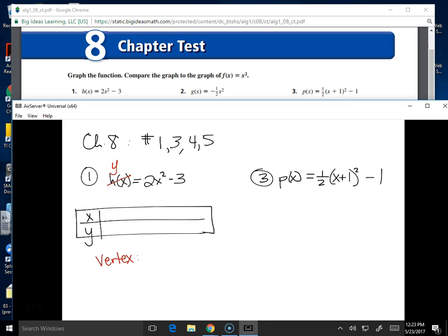The vertex is known as (h, k), and h is found by using negative b all over 2a, and k is found by plugging in x equals h. You have a formula card, you just have to actually write down the important formulas.